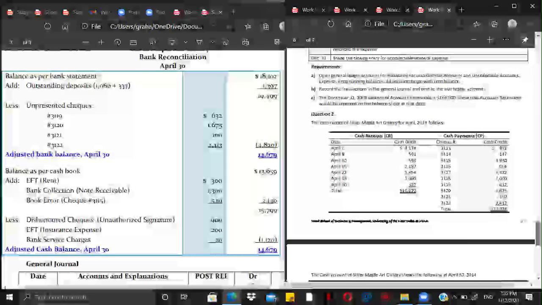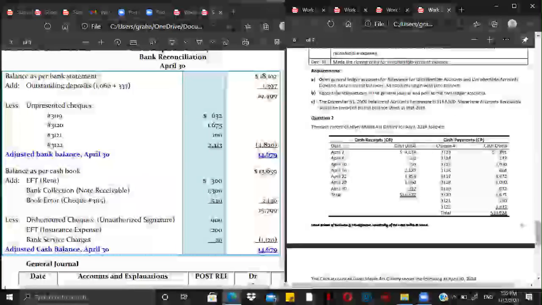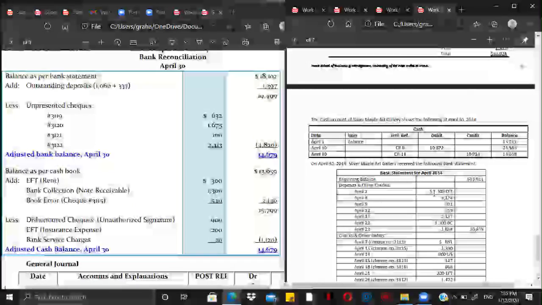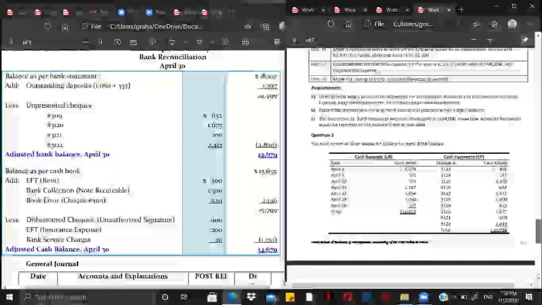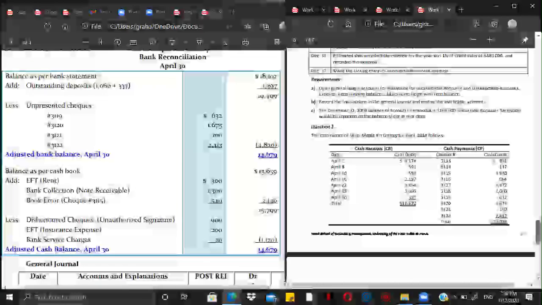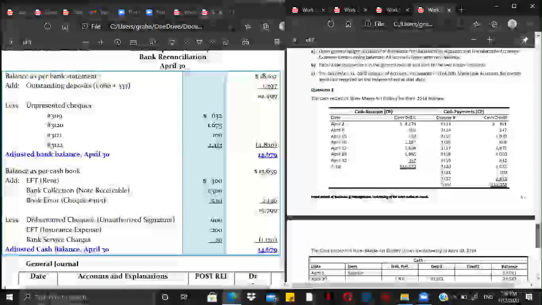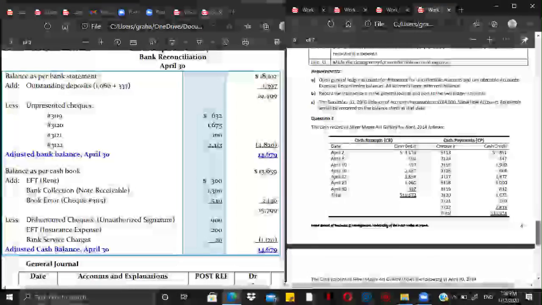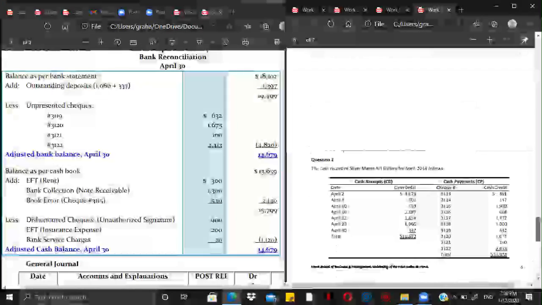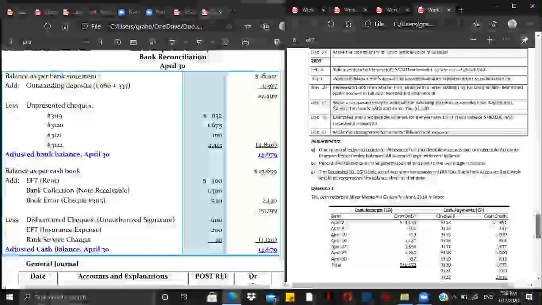So now we have gone through the additional data. We're going to go through the actual bank recon statement. So you put your headings, and the first thing is balance as per bank statement. You look for your balance as per bank statement. This is your bank statement here, for April 2014. Your ending balance is 18,102.